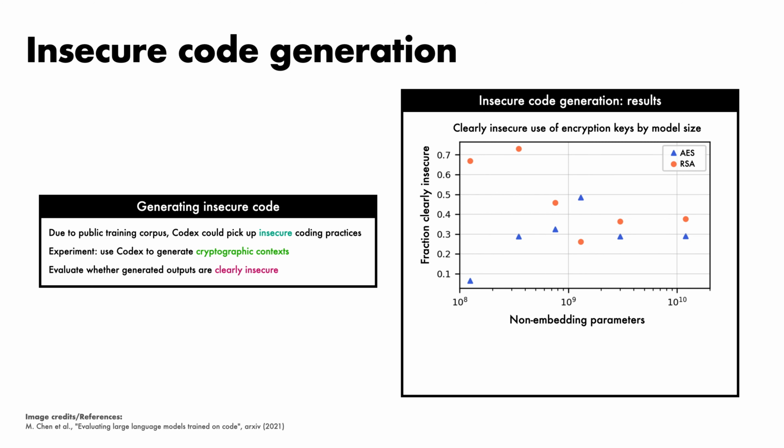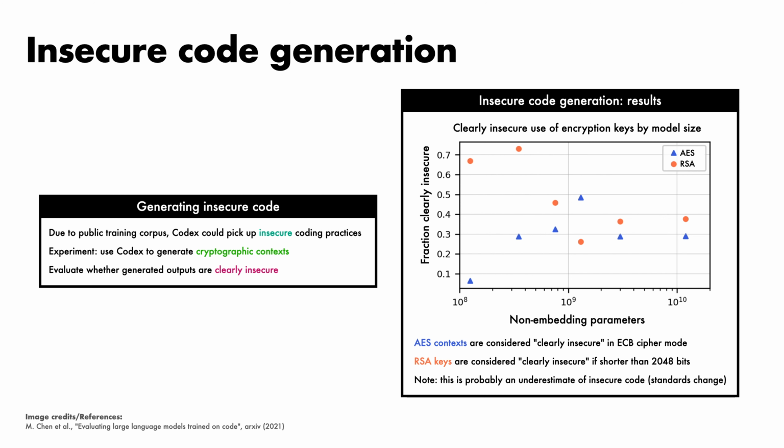In this plot, AES contexts are considered to be clearly insecure when configured in ECB cipher mode, while RSA keys are considered to be clearly insecure if they are shorter than 2048 bits in length. Note that this is likely an underestimate of insecure code configurations, since security standards change over time.